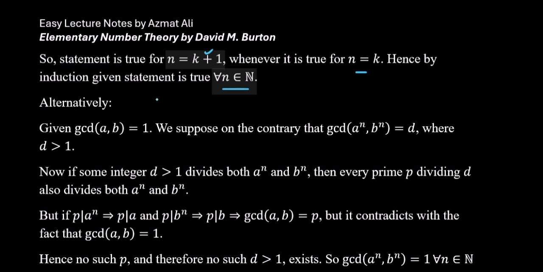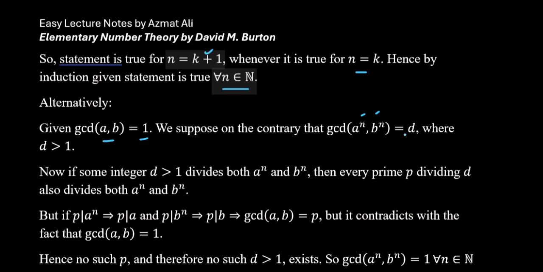Next I am going to discuss its alternative method. In this method, it is given that GCD of A and B is equal to 1. We have to show that the GCD of these two numbers, A^n and B^n, is also equal to 1.